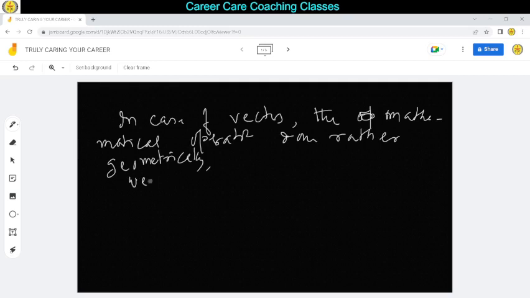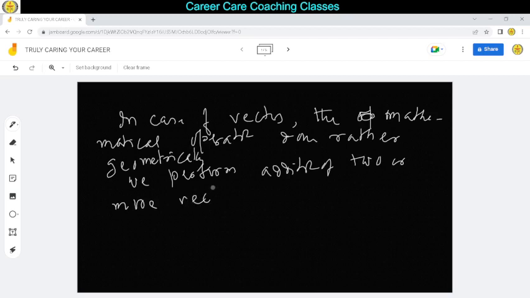We perform addition of two or more vectors in the graphical method.